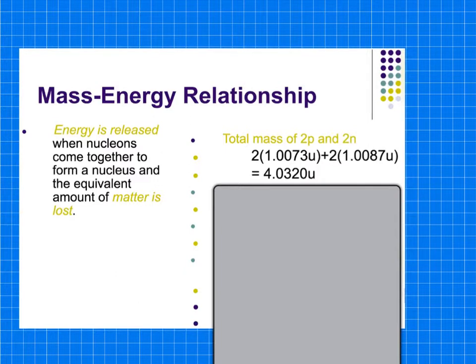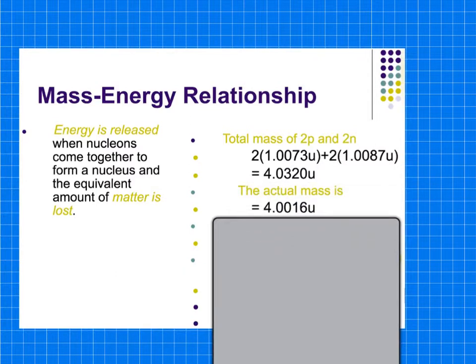However, when two protons and two neutrons do come together, that's not the mass afterwards. The mass is actually less. The actual mass is 4.0016 universal mass units. So it's less than what we thought it should be, which means that some of the mass is converted into energy.